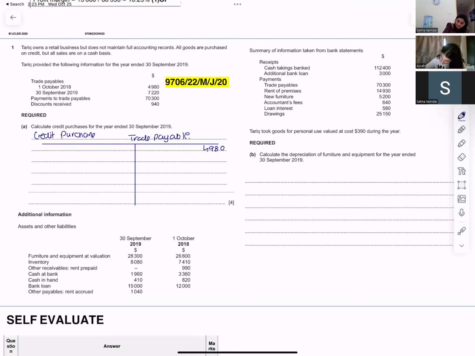They've given you your opening and closing trade payables. Closing is 7,220 and opening is 4,980. You have balance brought down and balance carried down.